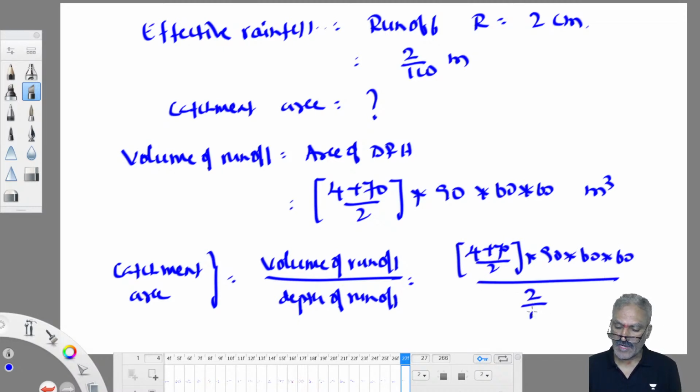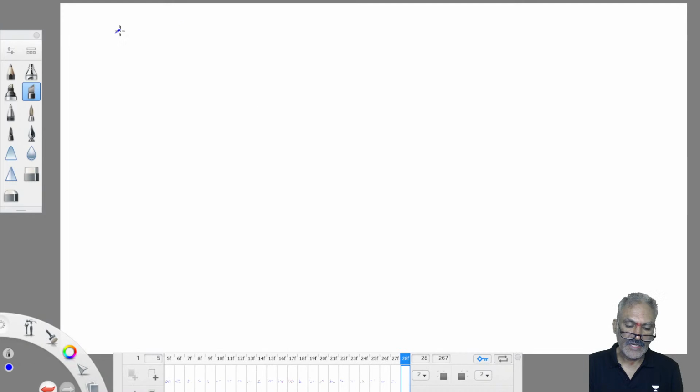Depth of runoff is 2 by 100. So this is meter cube by meter, you will get the answer in meter square. To convert this straight away into kilometer square, what to do? You have to divide by 10 power 6. So catchment area A in kilometer square is what you have been asked to find out.